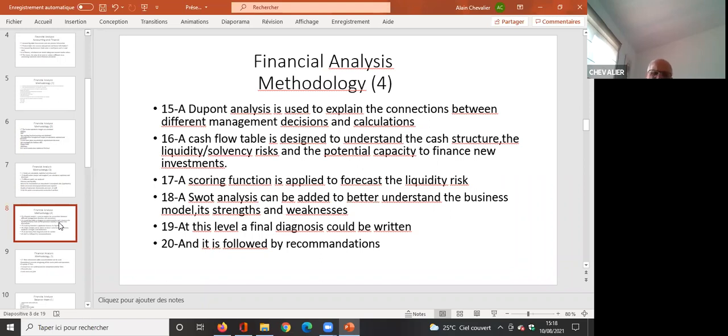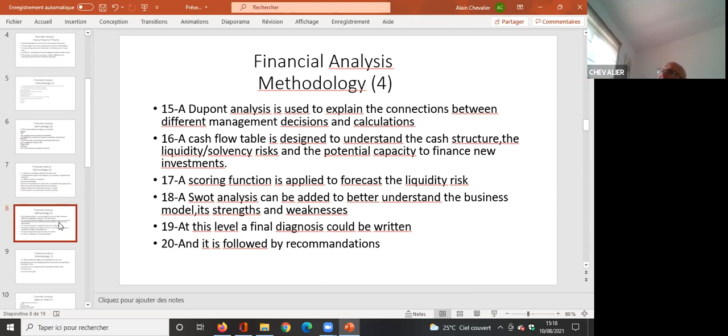If you don't know what to do with all your calculations and first and partial conclusions, my recommendation is the following one. Identify the main strengths and weaknesses in financial terms, not, as in the SWOT analysis, in some kind of general strategy terms, but in financial terms.